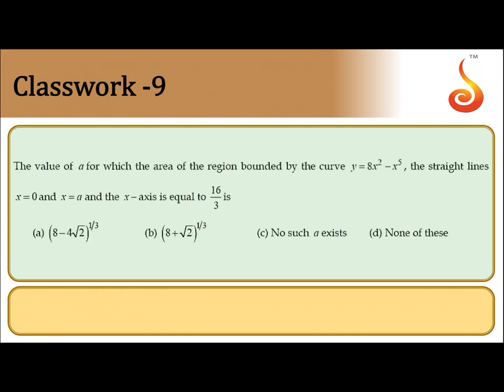Coming to the next one, the value of A for which the area of the region bounded by the curve and the straight lines x equals 0 to A and the x-axis is given by... Of course x equals 0, passing through the origin, x equals A, assuming A is a positive value. So the curve is y equals 8x square minus x to the power of 5.